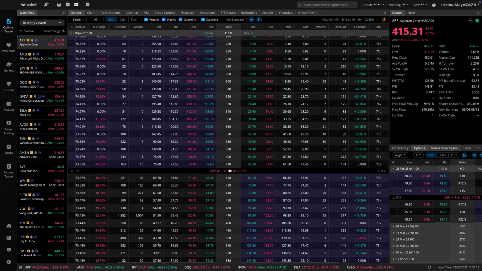What does that mean? The money is the price of the stock, and you want to stay close to that price. When it's down here, it's out of the money. When it's in here, it's in the money. Right now the stock is going for 415, so between 415 and 420, I can pick those ones that we consider in the money.